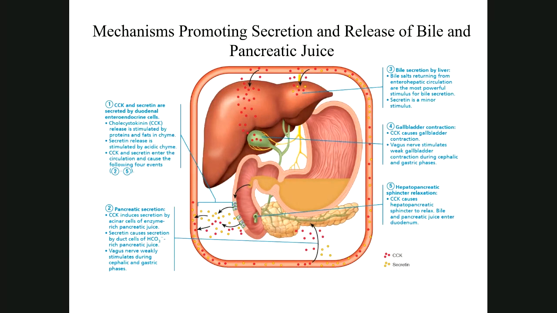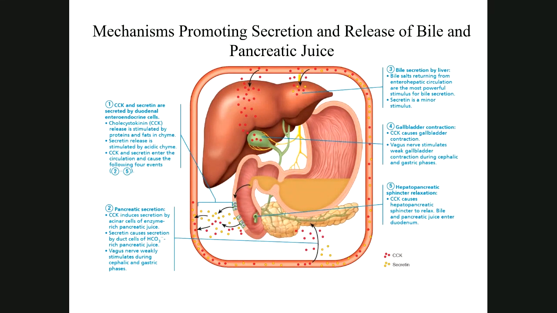So we have the CCK and secretin that are secreted by the duodenum enteroendocrine cells. All right, those are two hormones. CCK is released by protein and fat in the chyme, and the secretin is released by the acidity of the chyme.